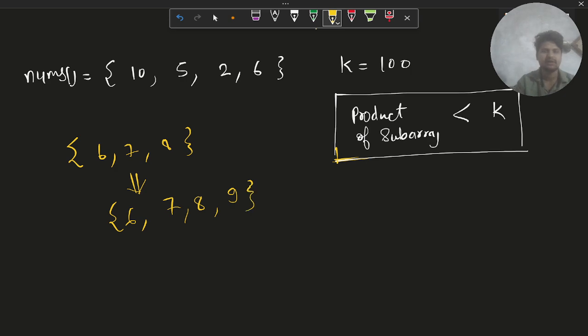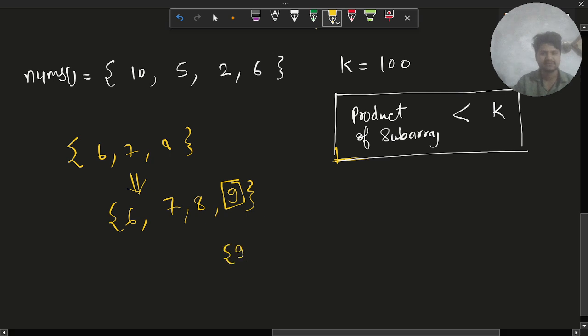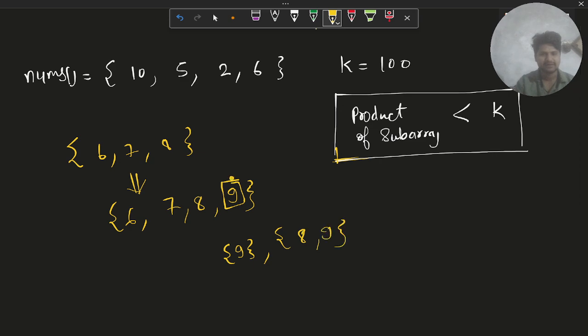After including 9, how many subarrays can you form?